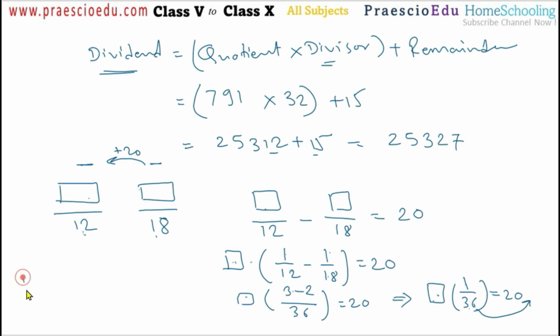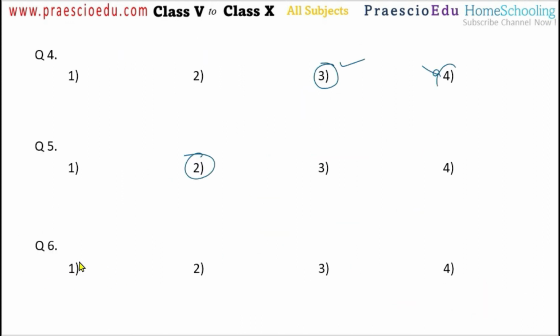Or we can say we multiply both sides by 36 to cancel this 36. So this 36 gets cancelled, so the unknown number is equal to 36 times 20, 720, and 720 is given in option number 1. So for question number 6, option number 1 is the correct one.